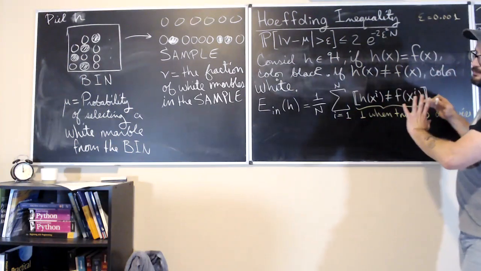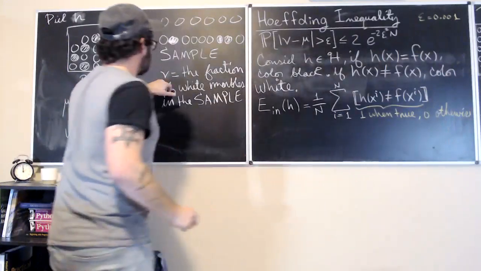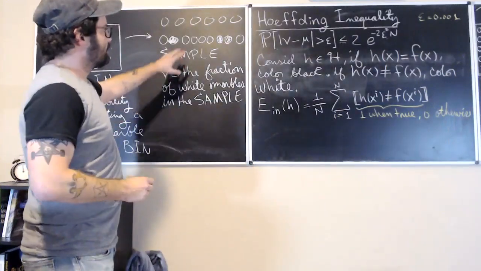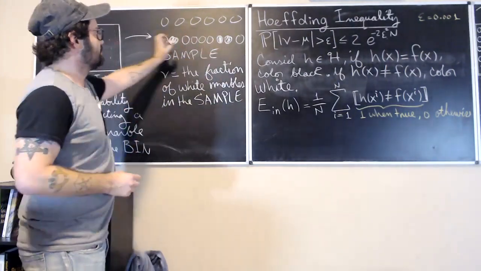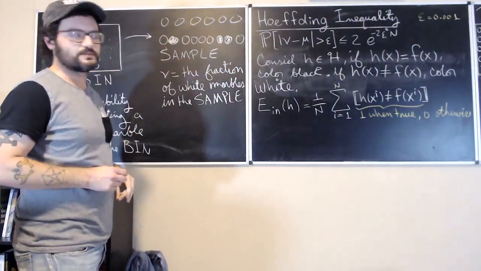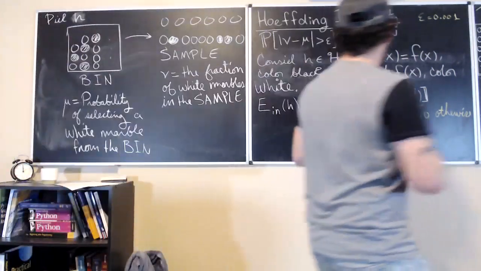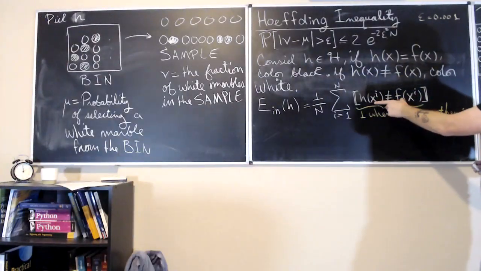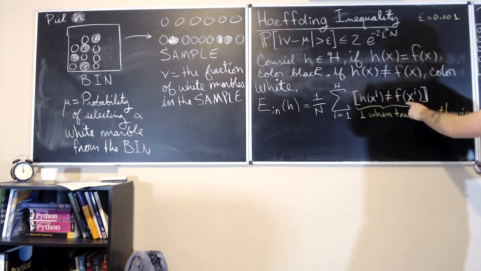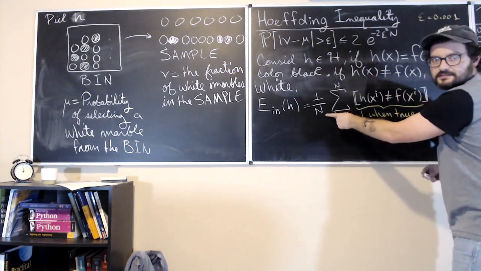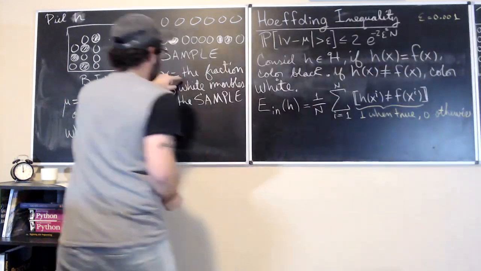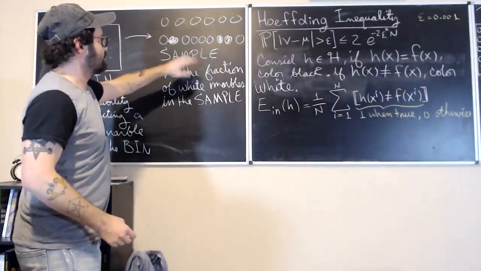So looking at our nu here, the H that we pick is going to color the marbles, right? So if the color was off from the correct color, we have 1 plus 1 plus 1, whenever that happens, divided by n. That's the same thing as the fraction of white marbles in the sample.